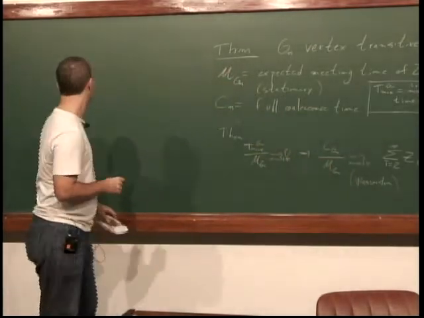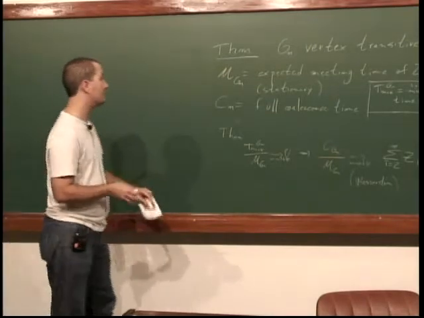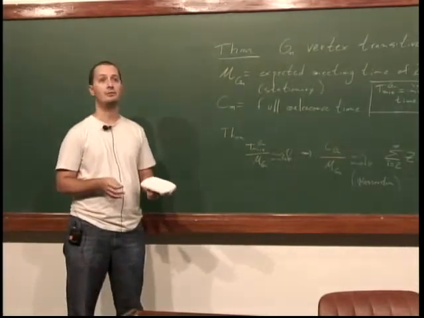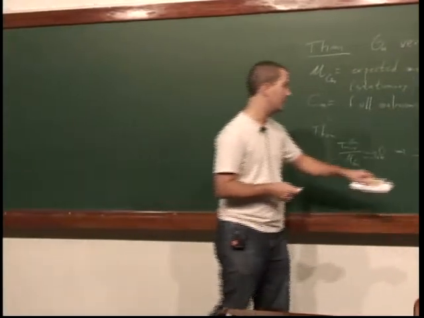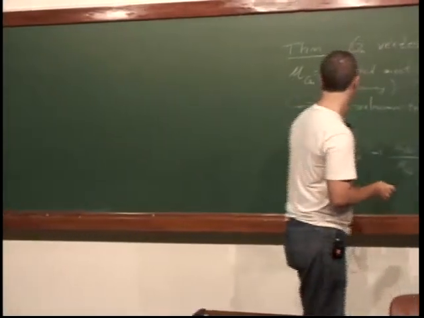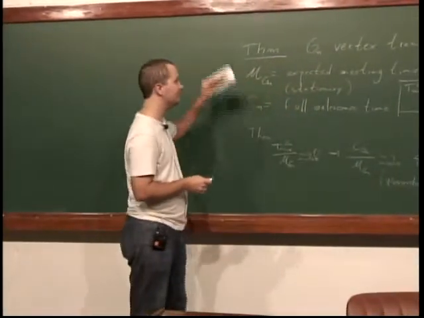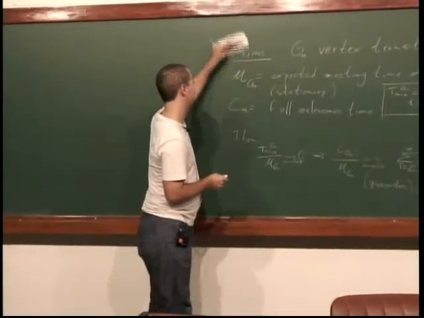Right, so I want to sketch the computation of the full coalescence time on the complete graph, so you understand where these exponentials are coming from. And I guess I'll have to erase this, but, well.